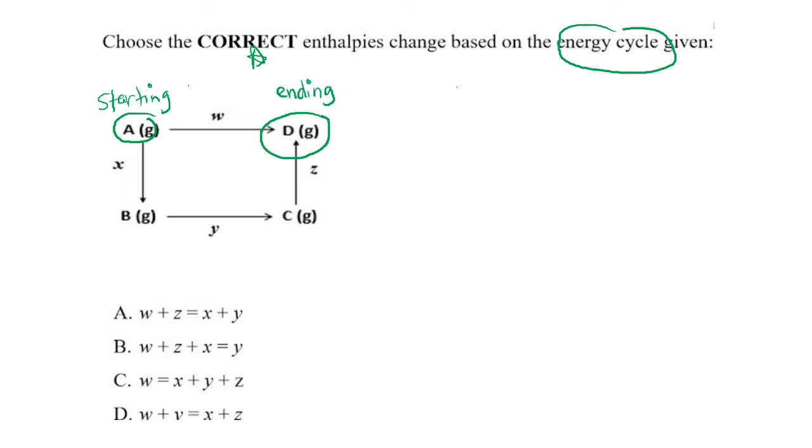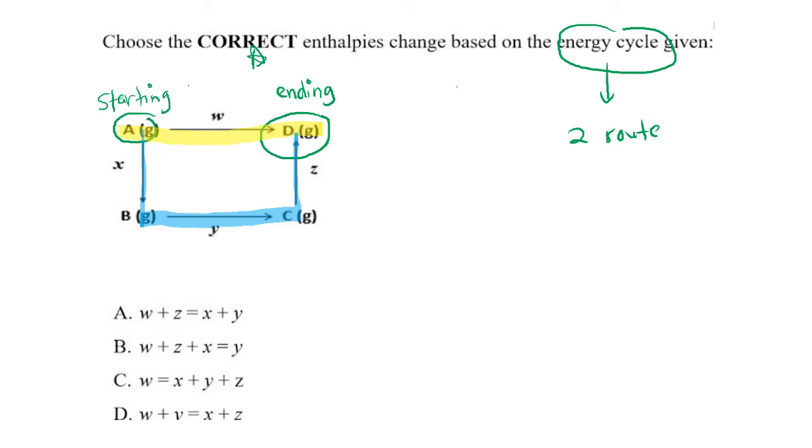Then from this cycle, we can see there are two routes. One is from A directly to D, and another one is from A goes to B, then to C, then only to D. As we know, according to Hess's law, no matter how many steps you go through, the energy involved will be the same.